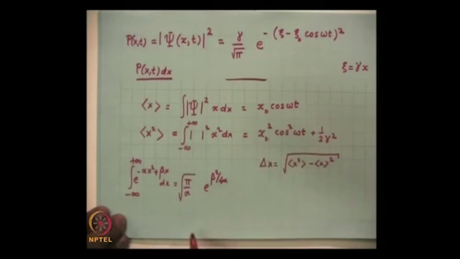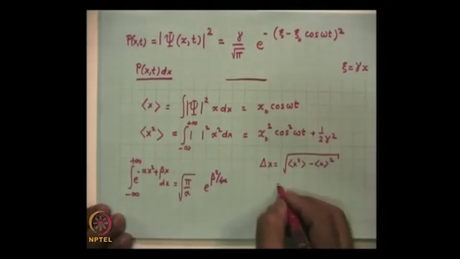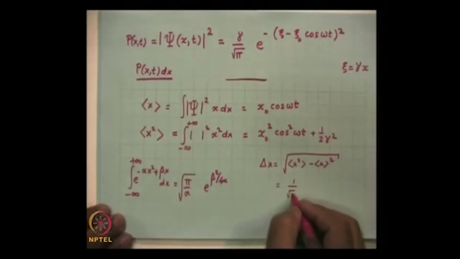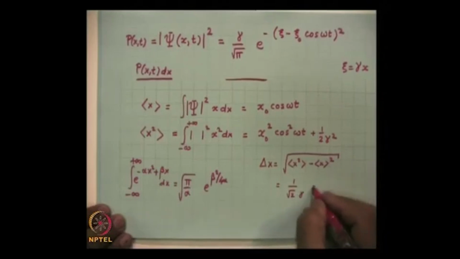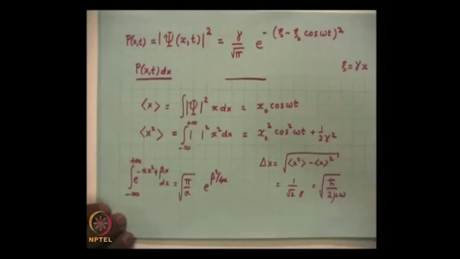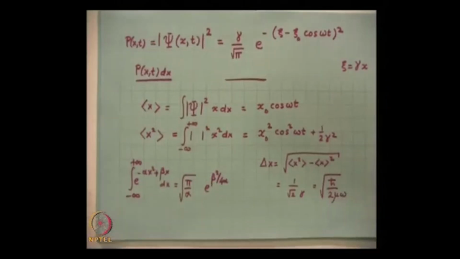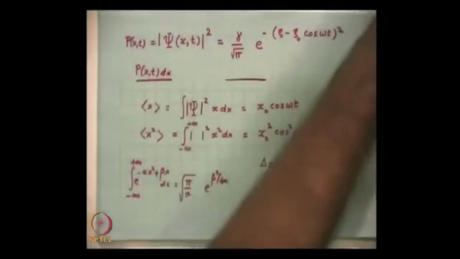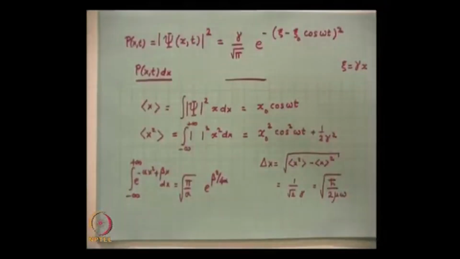This term will cancel out with this, so I will get 1 over root 2 gamma, which is under root of h cross by 2 mu omega. Let me show you the temporal evolution, and then we will come back to this slightly later.